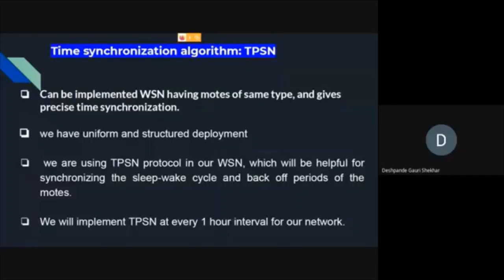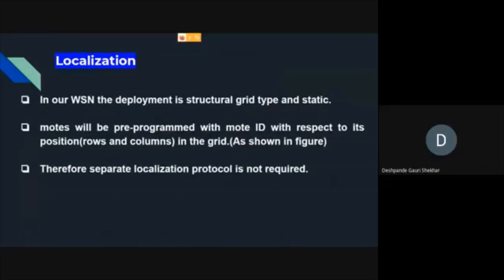In case of localization, we are pre-programming the node ID based on its location, that is, the row and column the node belongs to. As shown in the figure, the node in row 0 and column 0 will be assigned ID 00.